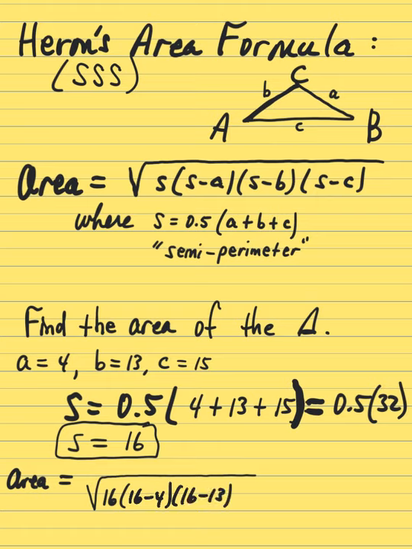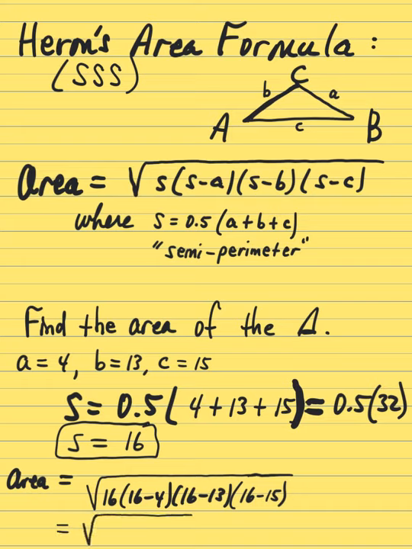And finally 16 minus 15. If you're careful, you can type this in all at once. If you prefer to simplify a little bit at a time, that's fine too. Just pick whichever way you want to do it and be careful.